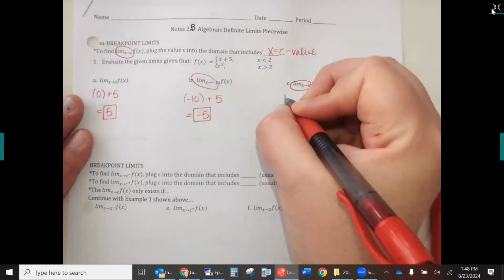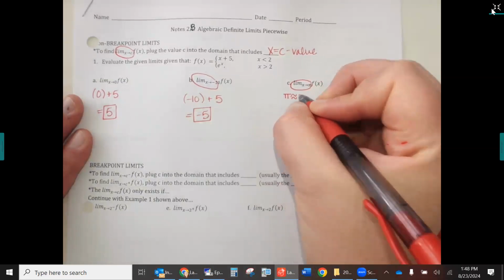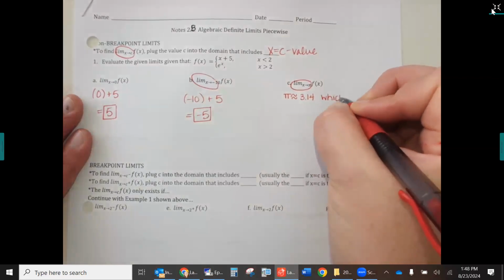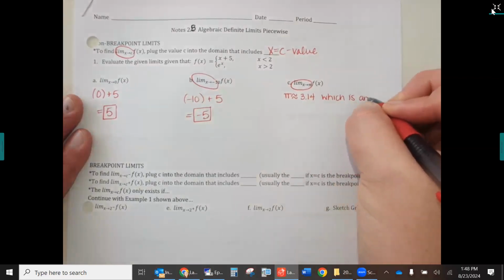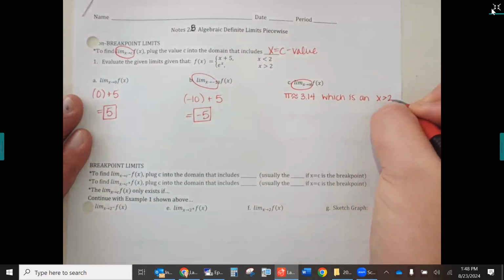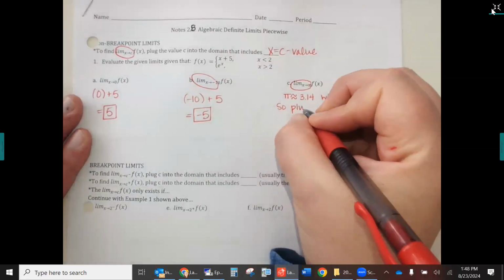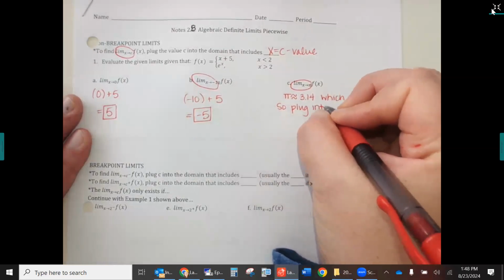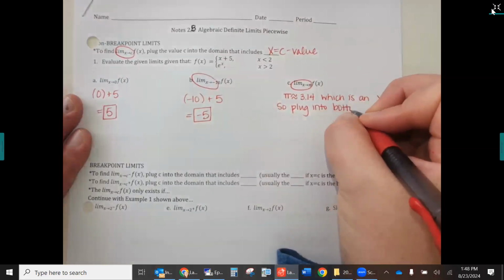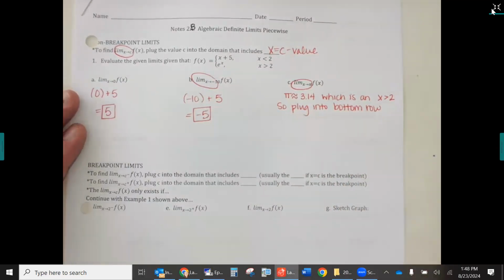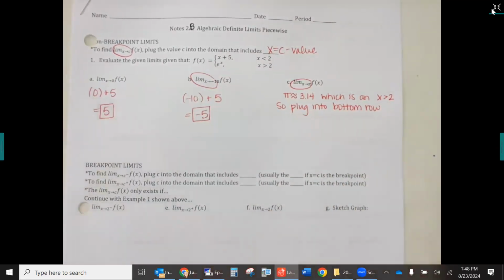So I'm going to put pi is approximately 3.14, which is an x greater than 2. So we're going to plug into the bottom row. On a test, I wouldn't expect you to write this, but since it's your notes and you might use it to help with your homework, I'm going to have you write it there.